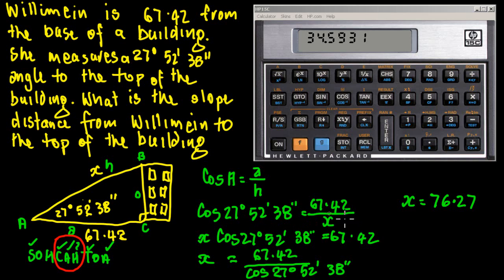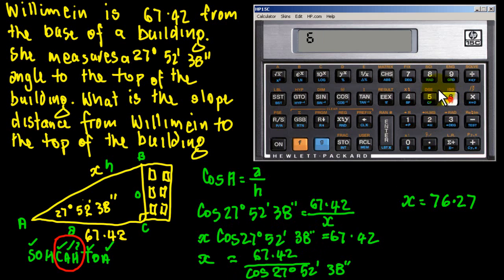So we multiply both sides by x, which will give us x cos 27 52 38 equals 67.42, and therefore x equals 67.42 dividing both sides by cos 27 degrees 52 38. So let's work that baby out.